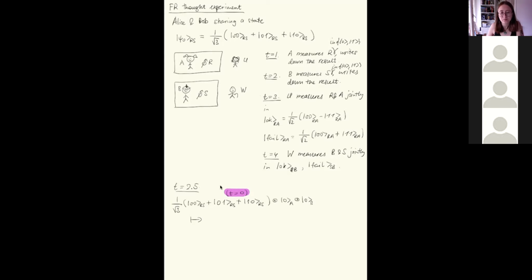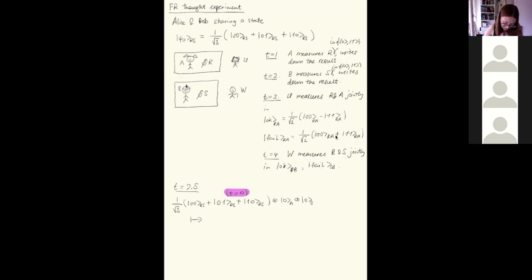Then what happens after this memory update for each of the systems A and B is that the entry that we have for the systems R and S gets coherently copied to the systems A and B. So for example, if the system is in a state 0, then this stays in a state 0, and here the system R is in a state 1, so the state of the qubit A, the memory A, will be flipped.